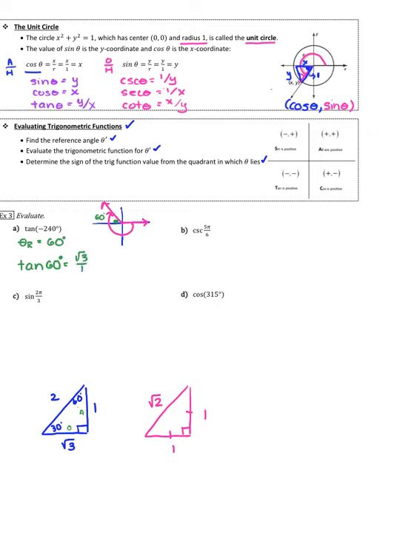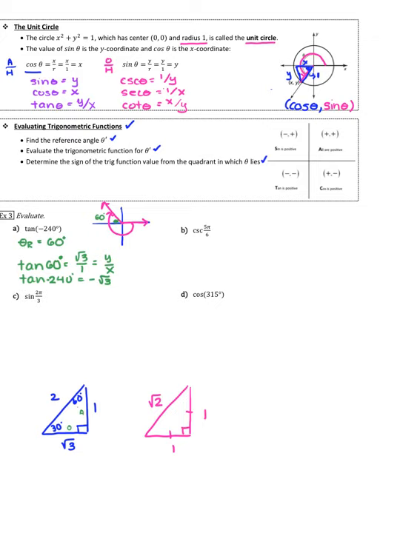However, realize this represents y over x, and in that second quadrant, one of those values is negative. So the tangent of negative 240 degrees is a negative rad 3 over 1. We don't really need the 1.